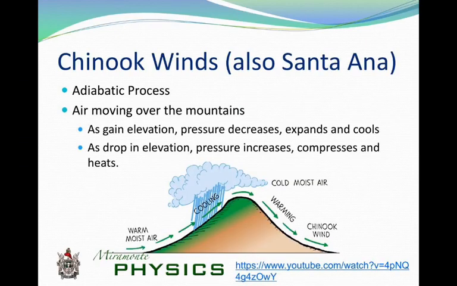Another example we've talked about with these fires is an adiabatic process where you have air that starts off at a high altitude, and as that air is pushed with the wind and comes down to a low altitude, it heats up. We call this a Chinook wind when it goes over the Rocky Mountains and into Colorado.